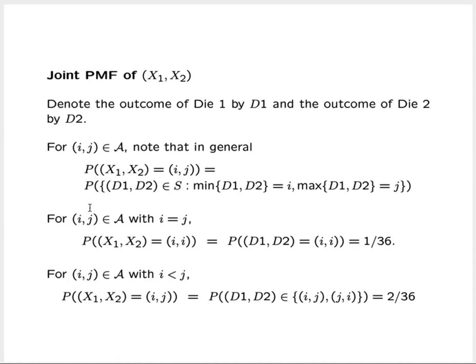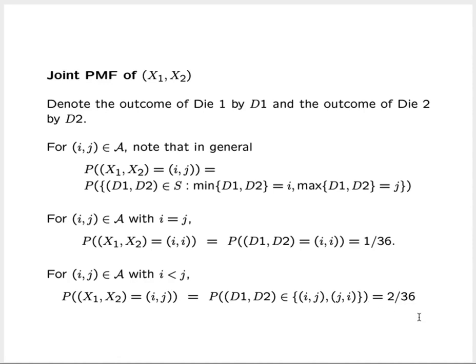If the two coordinates are equal, then the probability of such an event is going to be equal to 1 over 36, essentially. And if the elementary event of interest is such that the first coordinate i is strictly less than j, the second coordinate, then the probability of such an event is going to be equal to 2 over 36.